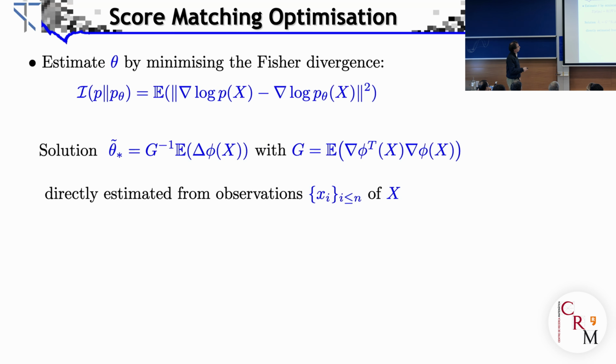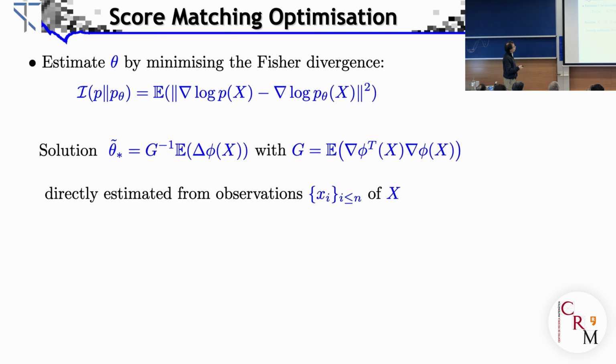The difference between the two is that here we are going to have a gradient relative to x. The fact that you have a gradient relative to x of the log probability means that you are eliminating the normalization constant, and it is the normalization constant which makes it difficult to compute exactly the optimal value of theta.